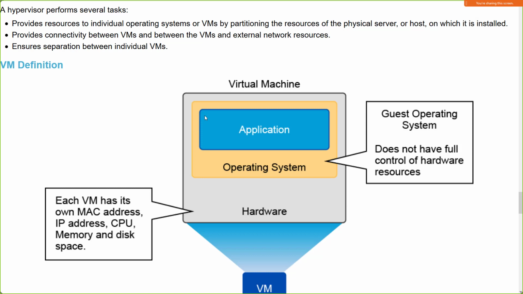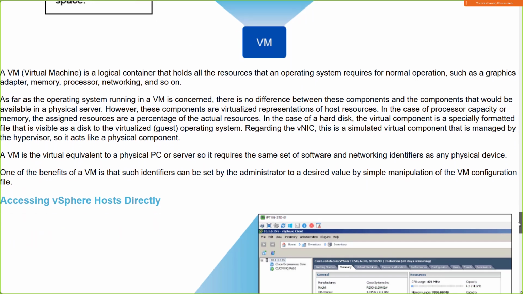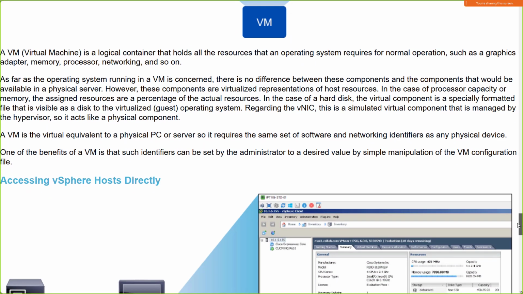But all right, so you've got applications that sit on top of the operating system, which have interactions with the hardware, and that's essentially what the VM is. It's kind of a combination of all of those things. A virtual machine is a logical container that holds all of the resources that an operating system requires for normal operation, such as graphics adapters, memory, processors, networking, and so on.